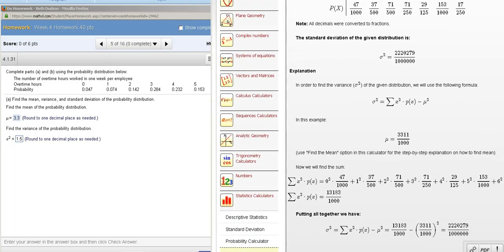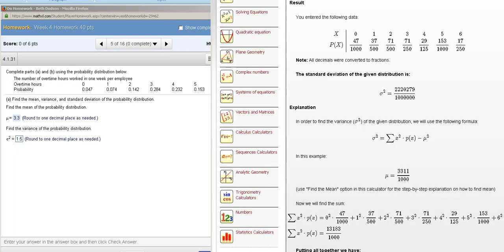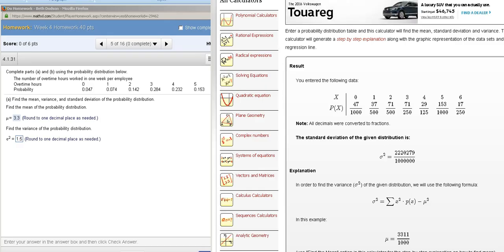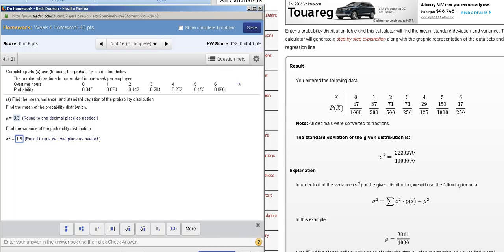So where's my variance? Oh, look, it went back into fraction form. So you need to just keep your calculator handy and keep your brain turned on. And that would be 2.2.